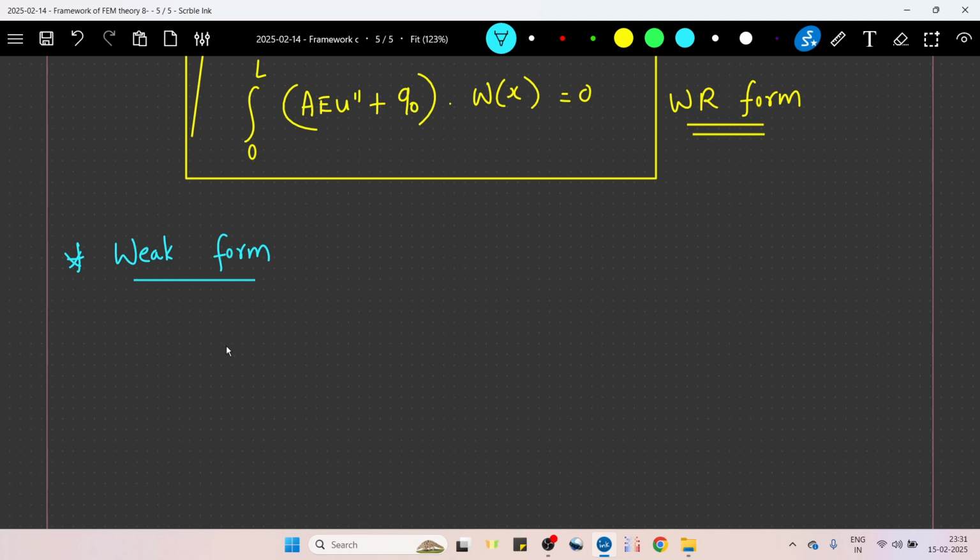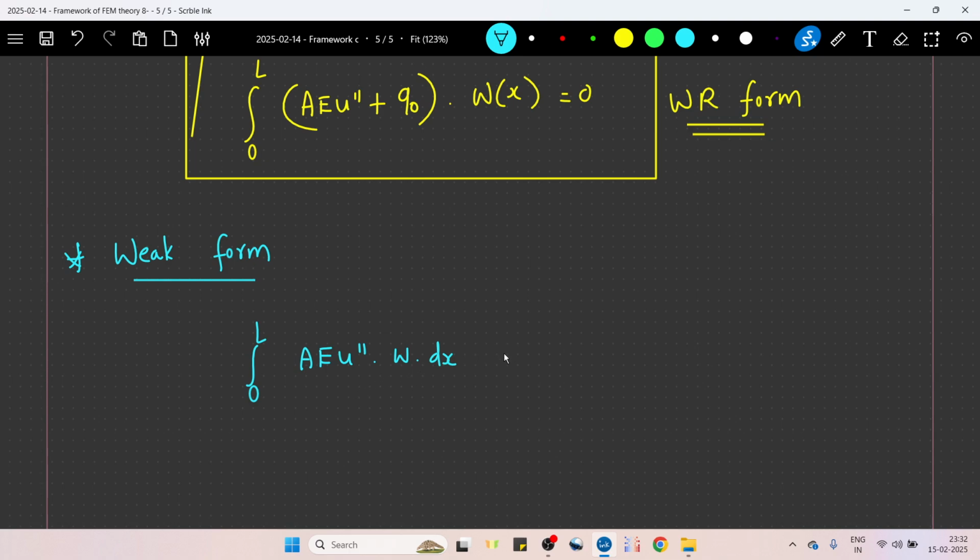What I'll do, integral from 0 to L, I'll just do some mathematical operations on this, AE u double dash into w dx. W is a function of x, so I'll not write it, just to make it easy to visualize this equation.